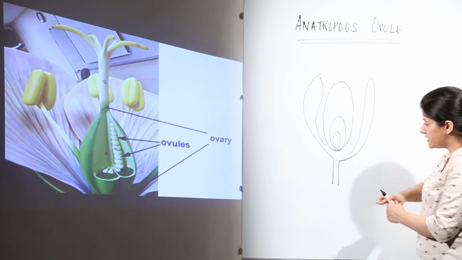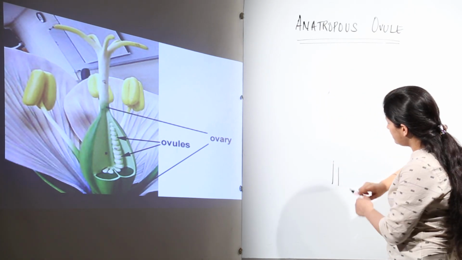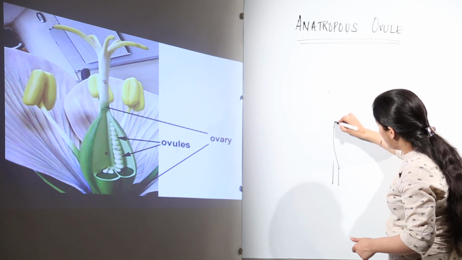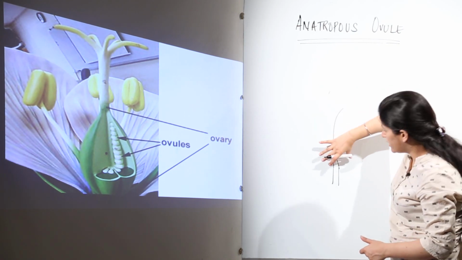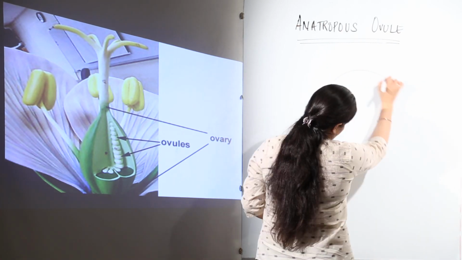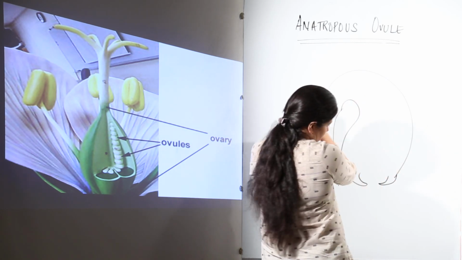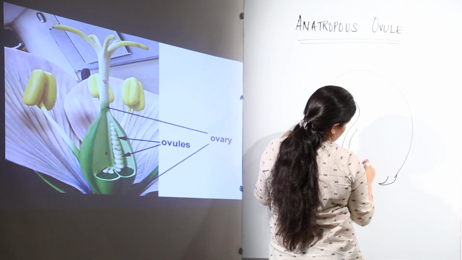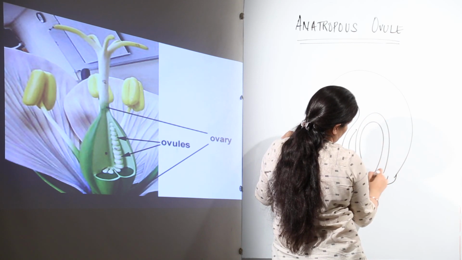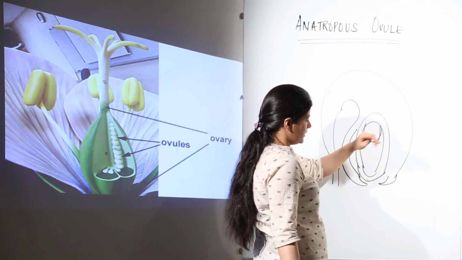Now, suppose you increase the length of this stalk, the ovule that was formed over here takes a 180-degree turn like this. So the opening that was present as I drew earlier is going to be present on this side, like this. So the egg, the gametophyte that I talked about, is going to be present over here.